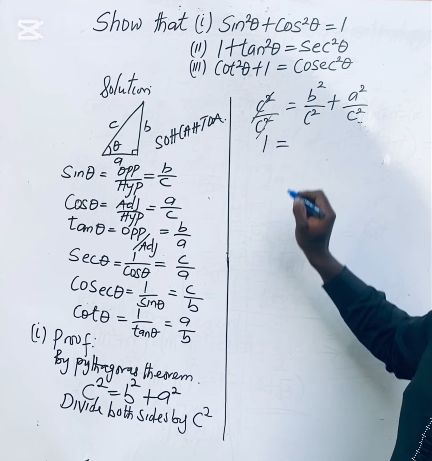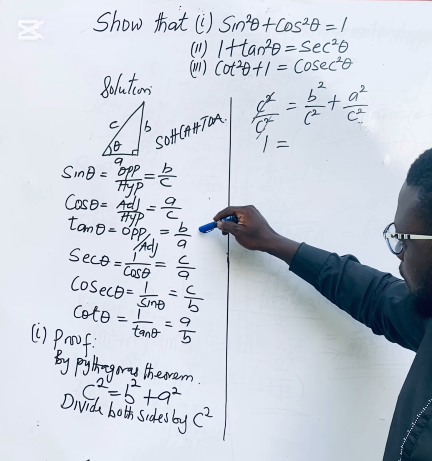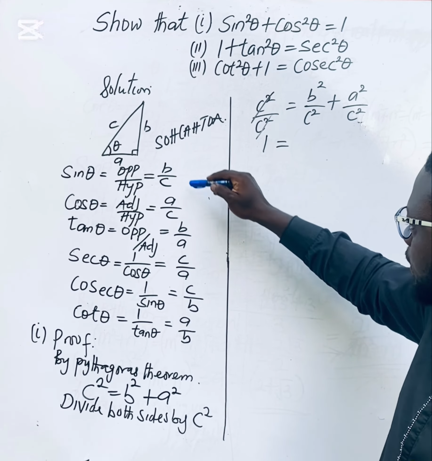All right. Now, let's check. B over C is sine. So let me progress. You have B over C all square plus A over C all square, because they have the same power. So it can be written like this from indices. Okay? So here now you have 1 is equal to B over C, which is sine, so because of the square, you have sine square theta.